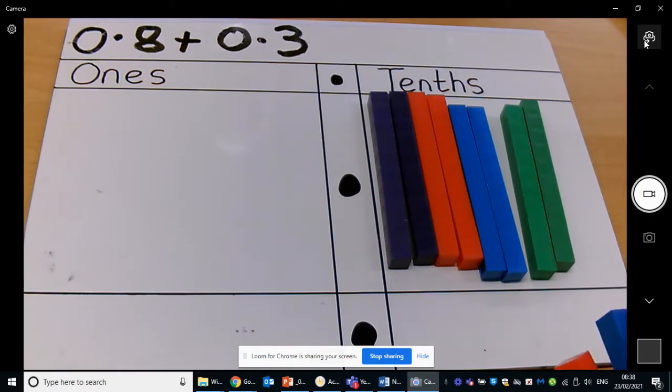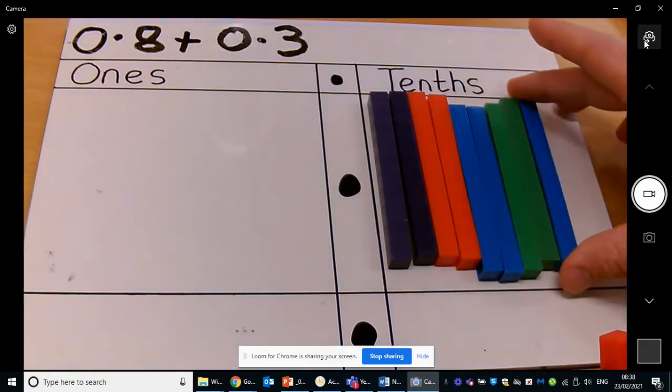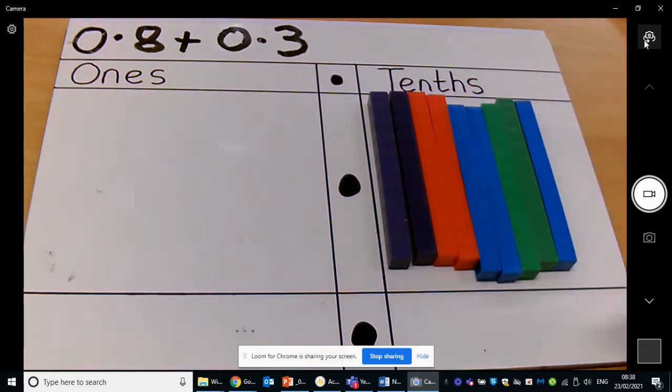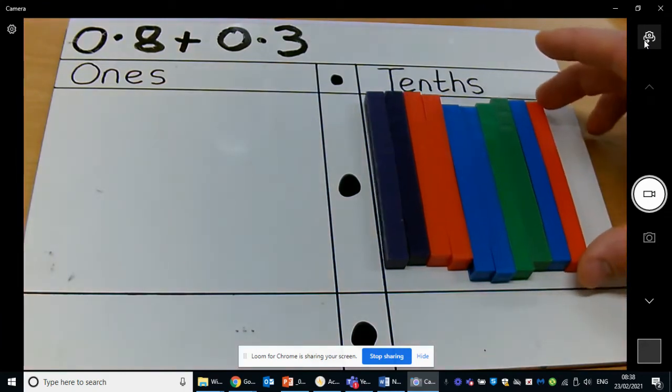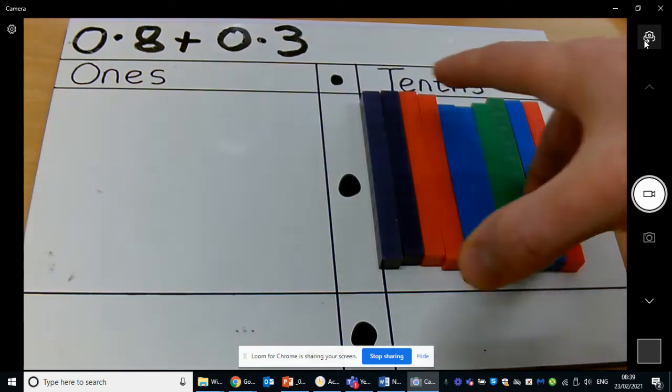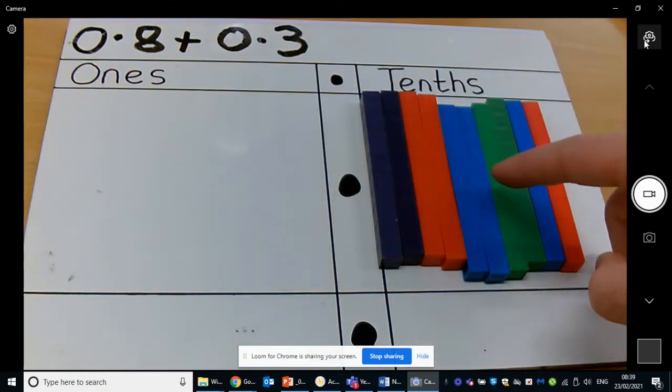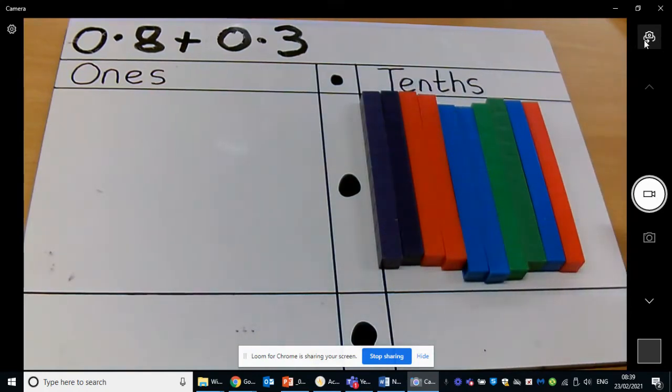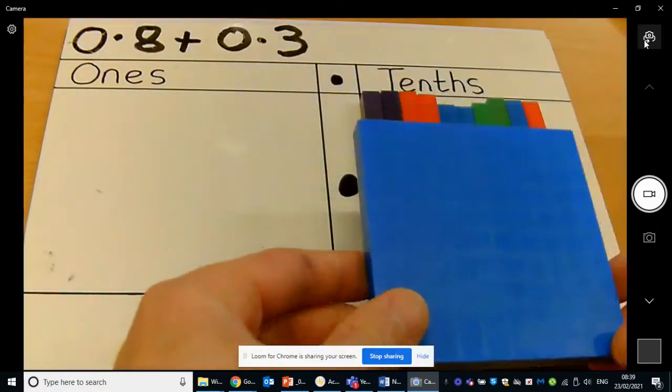So what I'm going to do is 0.9, 10, or this would become 1 whole. Now, I can't have 10 tenths in this area. The most that I can possibly have at this place value is 9. So what I'm going to have to do is exchange these 10 tenths for a 1.